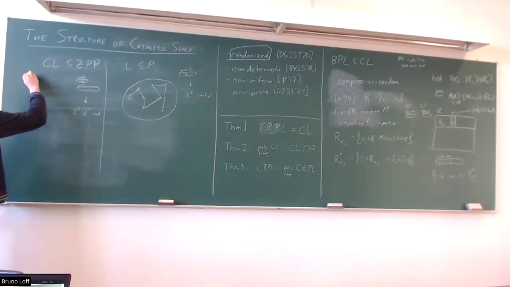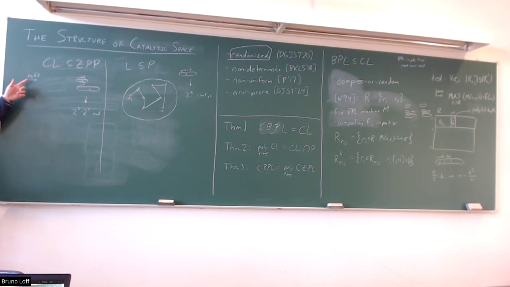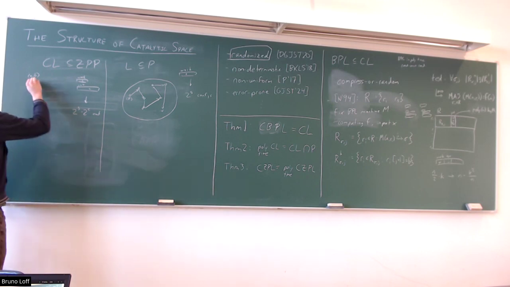So at the beginning of some computation path, that's exactly what we have. We have some state of the catalytic machine, let's call it tau. Throughout this talk, tau is going to be the state of the catalytic tape. And we have the all zeros string in the working tape.